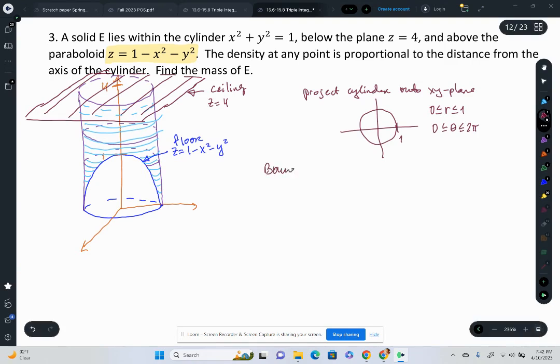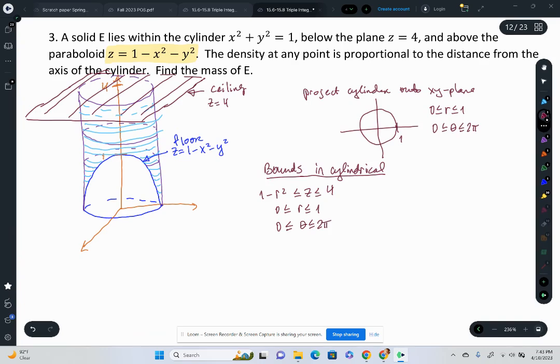I'm going to write these out in cylindrical. Lower bound for z is 1 minus r squared. The upper bound for z is still 4. Then we have r going between 0 and 1, and theta going between 0 and 2 pi.